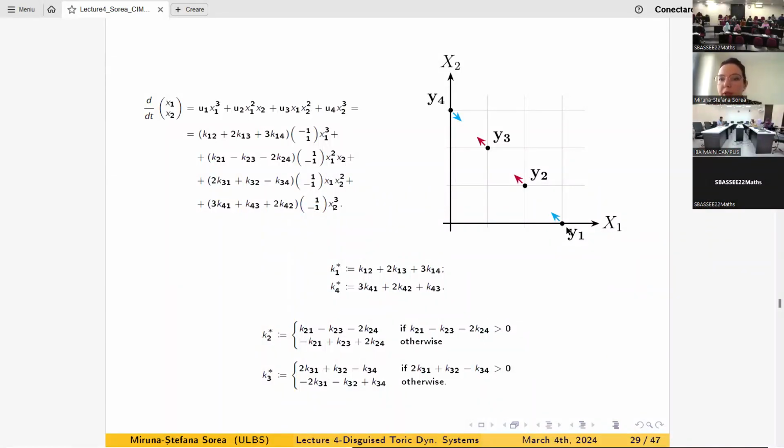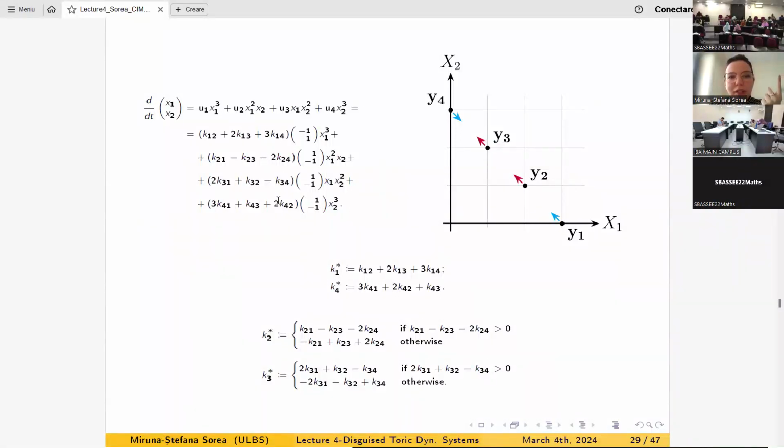Similarly, for the vector that has the source y1, we know precisely its direction, so that's why I colored them differently in blue. We don't have any choice to make for the sign of the coefficients. And then you can see this algebraically, because the coefficient in front of it is a sum of positive rate constants.